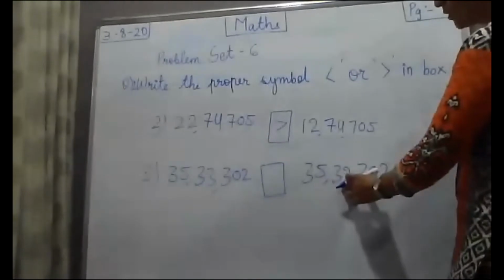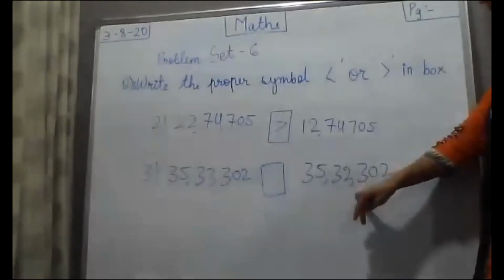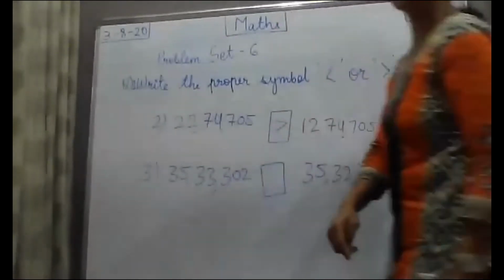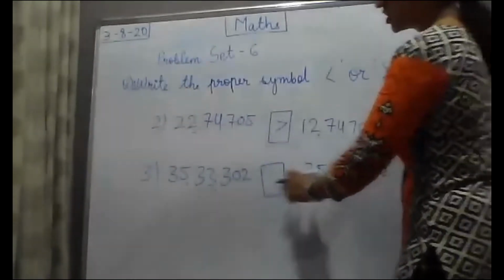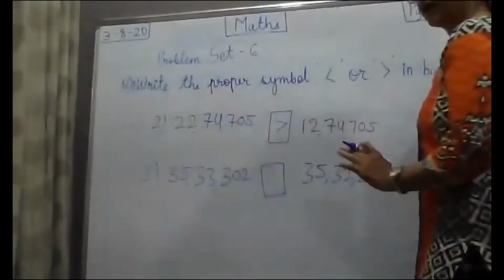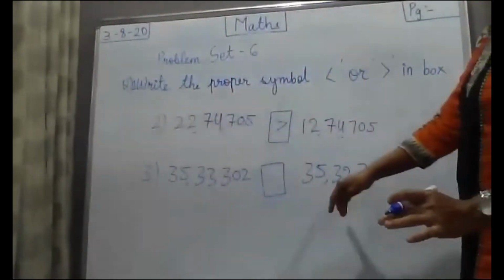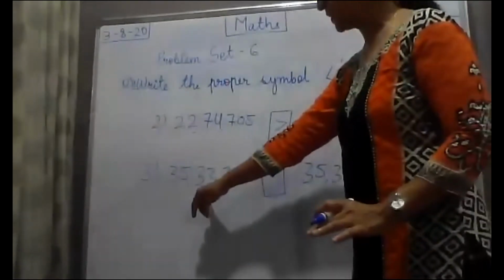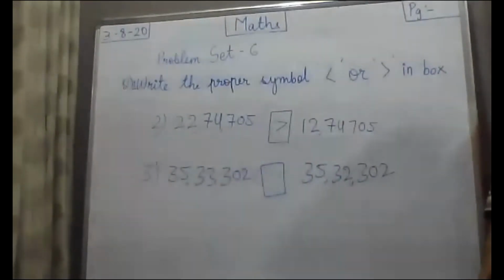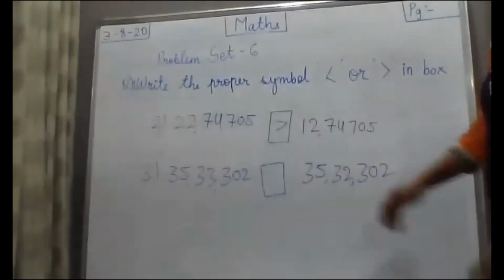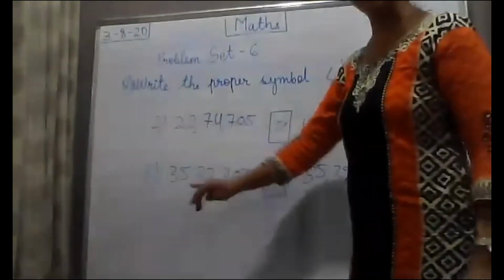Now here you see 32,000, and here it is 33. Because the lakhs position is the same, 35 and 35, in lakhs there is no difference. But in the thousands and 10,000 place, here it is 33,000 and here it is 32,000. So you understand which is the greater number, 32 or 33.